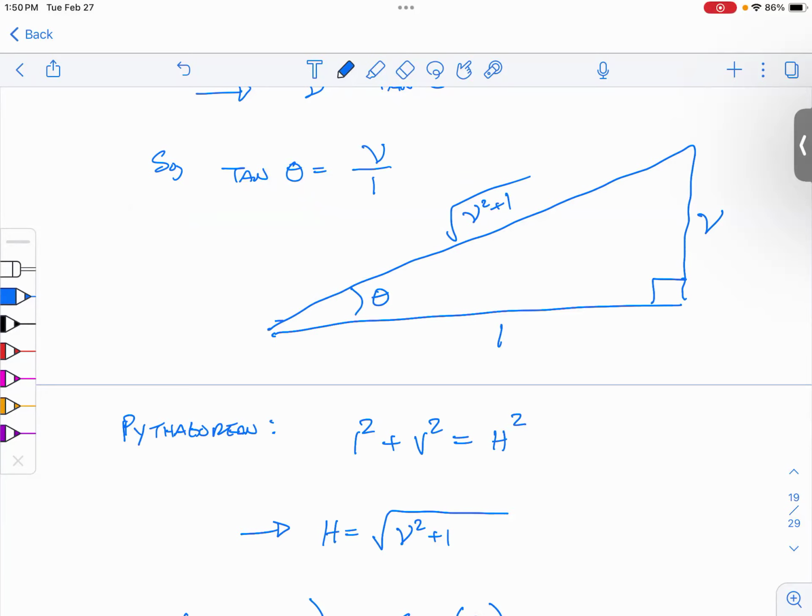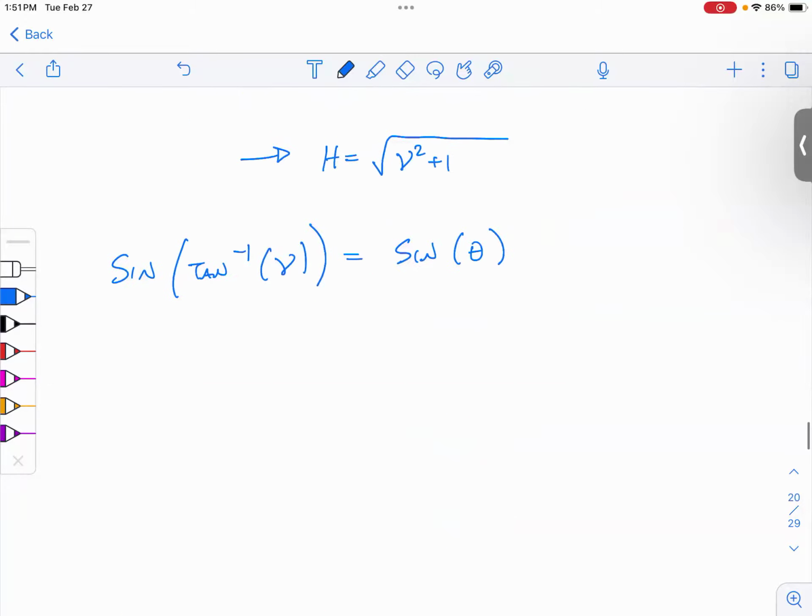The angle corresponding there is theta, because I had to pick which side is the opposite and which is the adjacent. We just always draw it the same. So if I'm looking for sine of theta, sine is what over what? Hypotenuse. So opposite over hypotenuse. Guess what sine is here? V over square root of V squared plus 1. So sine of theta, which is opposite over hypotenuse, for the triangle we just created, is V over square root of V squared plus 1.